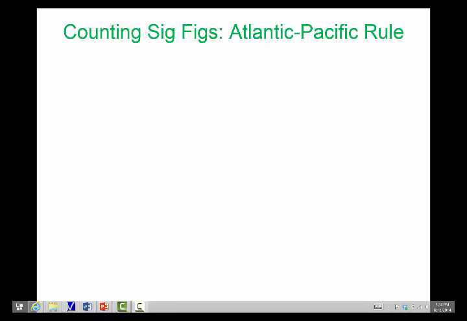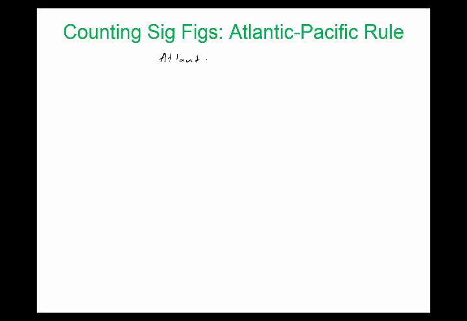So the first thing to do is to learn how to count SigFigs correctly. And what I like to use is something called the Atlantic-Pacific rule to help count SigFigs. We say Atlantic-Pacific rule because the Atlantic starts with an A, and the A means absent.